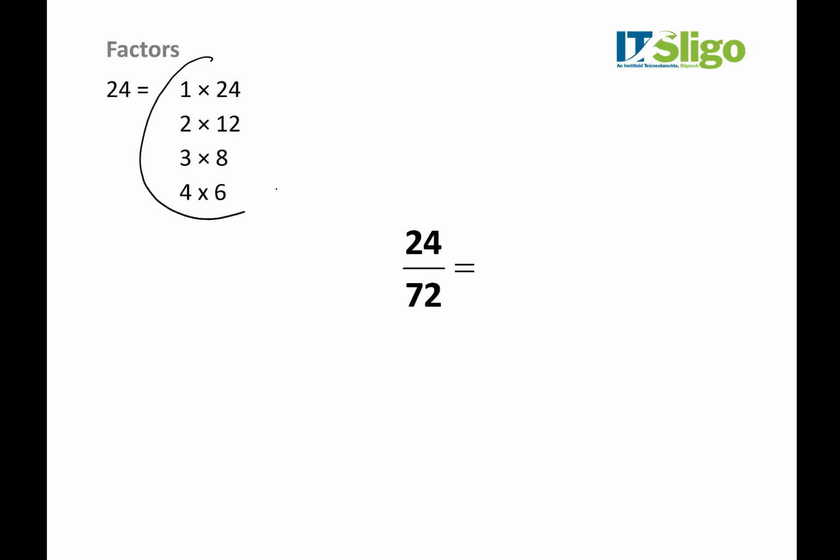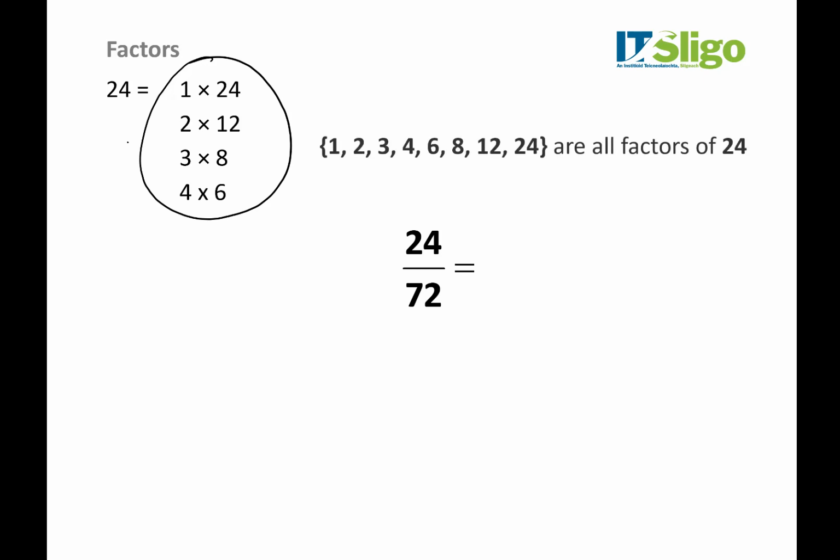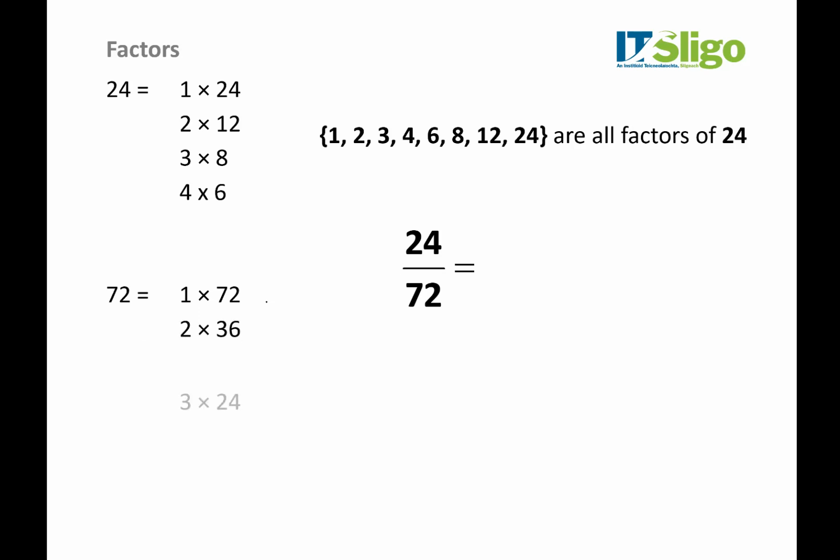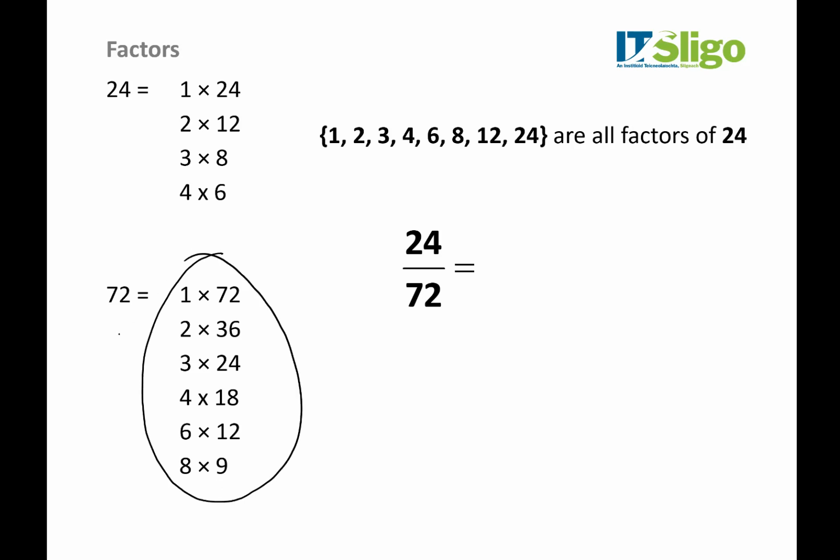So all of these numbers here are factors of 24. Now we could do the same for the denominator. What are the factors of 72? 1 by 72, 2 by 36, 3 by 24. And these are all our factors of 72.